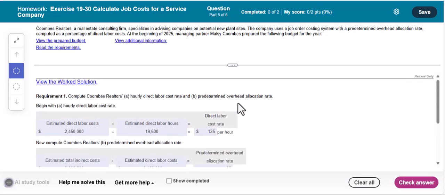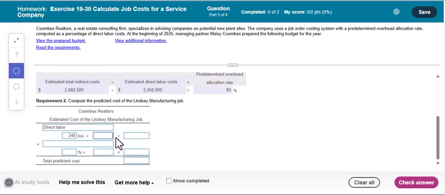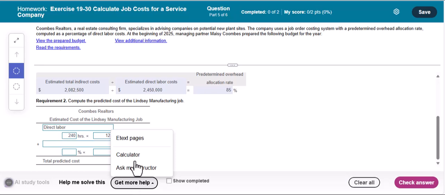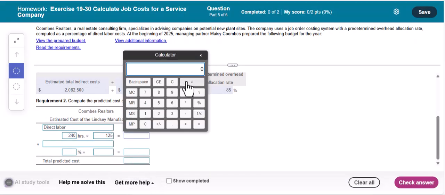And then we're going to need our direct labor cost rate, which we calculated here at $125 per hour. So we can go ahead and calculate that through, get our calculator out. So 240 hours times $125 per hour. That's going to give us 30,000 right there. So we think the direct labor to do this job is going to cost us $30,000.